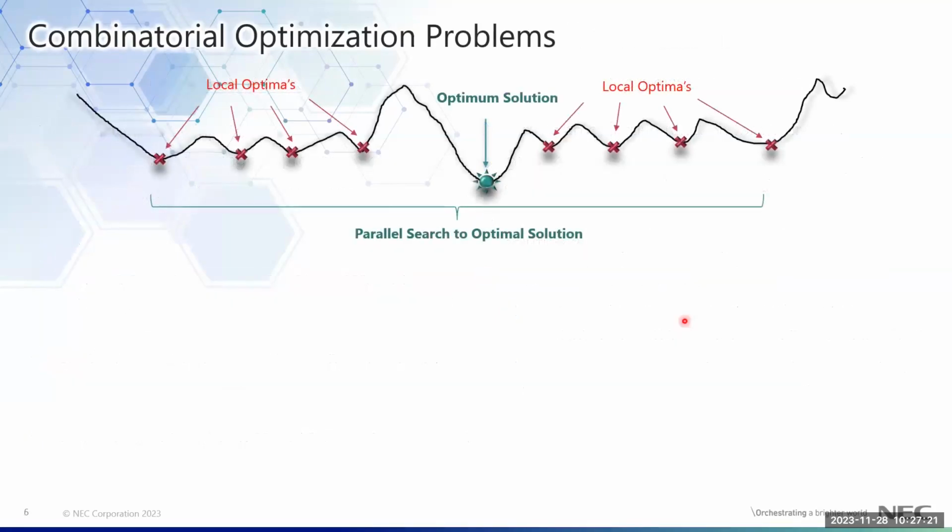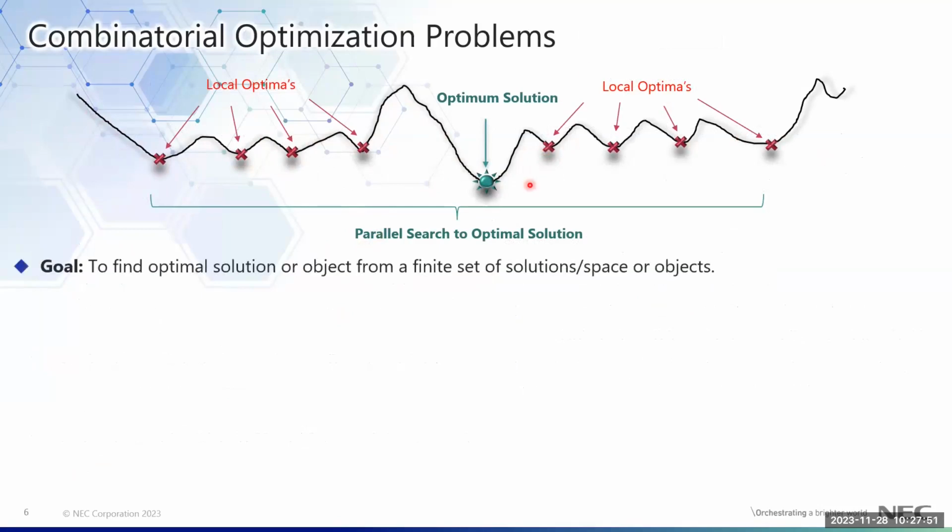So when I say a function, let's imagine this black curve that we see here. That is the entire solution landscape for that mathematical function. And you will see that there are some local optima, basically the troughs where everything goes to a minimum before moving on to the most optimal solution, where the entire curve hits its lowest energy.